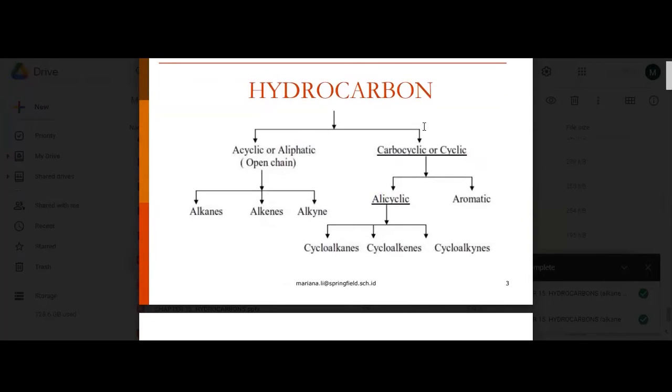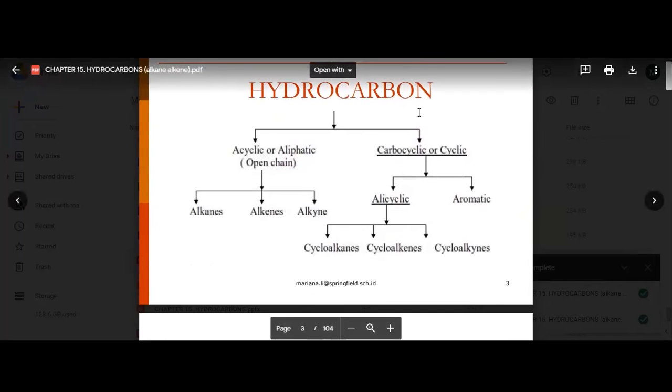Okay, let's start with the classification of hydrocarbon. Hydrocarbon can be classified into two types, which is an aliphatic or an open chain carbon, such as alkanes, alkenes, alkynes. You can see that the first C and the last C are not connected to each other, so this is called aliphatic or acyclic or open chain hydrocarbon.